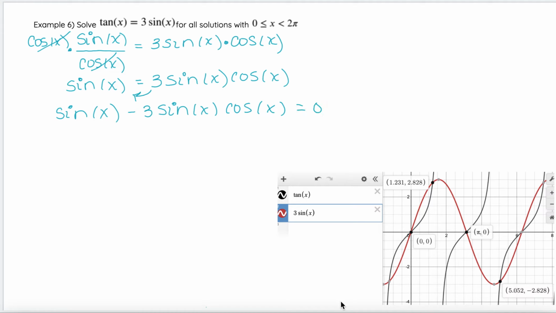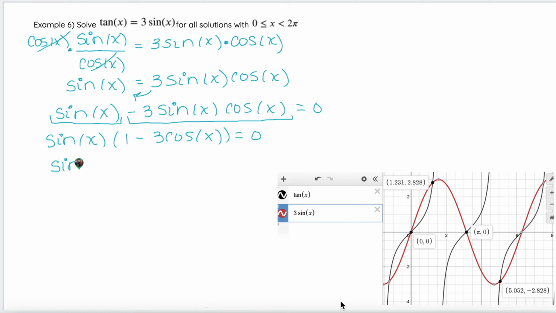You'll notice that they both have a sine in both of our terms, so we're able to factor out sine of x, leaving us with 1 minus 3 cosine of x equal to 0. And now that it's factored, we can set each factored piece equal to 0.